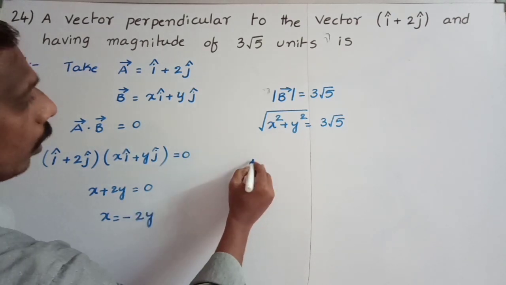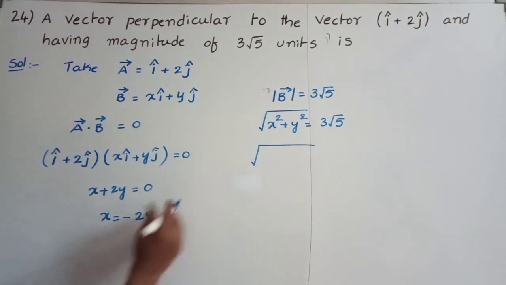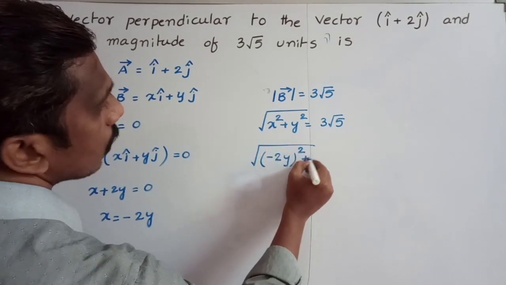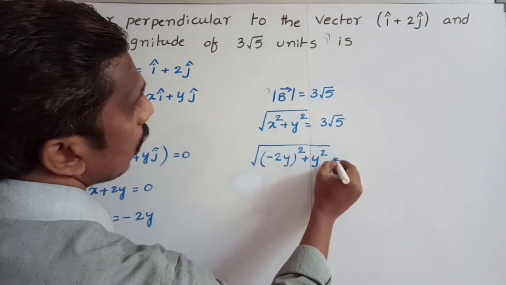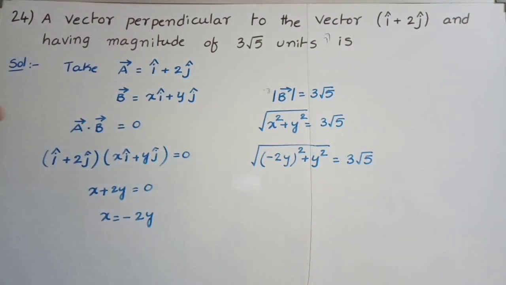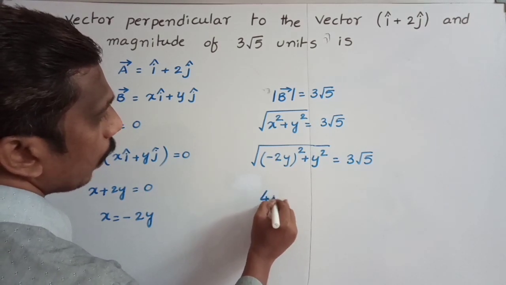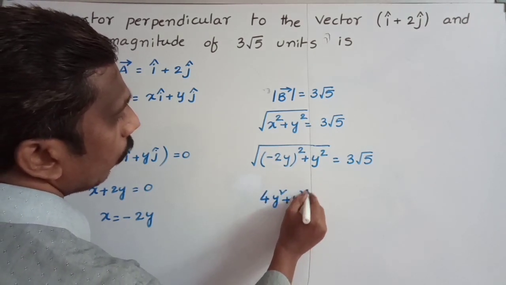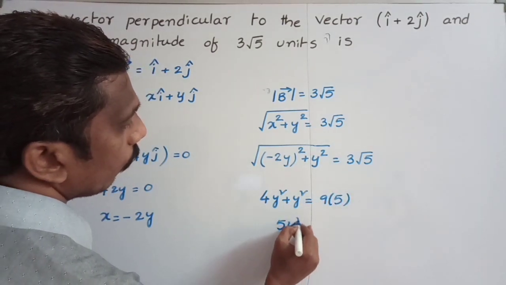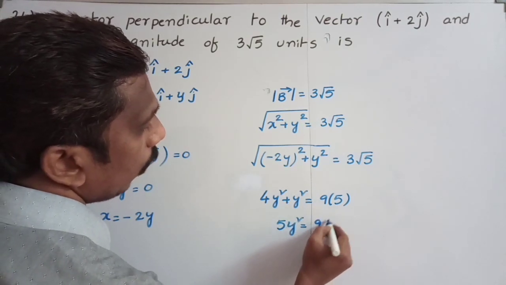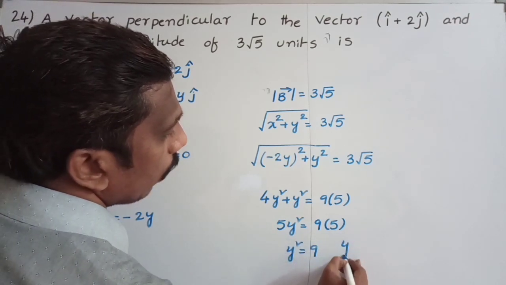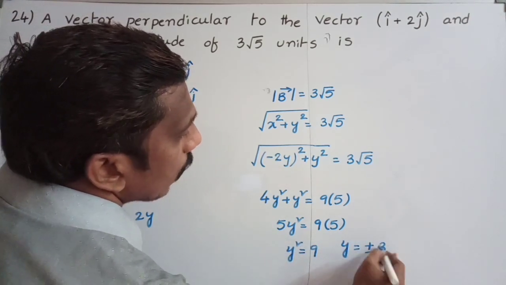Substitute here, then we get under root of x, that is minus 2y whole square, plus y square, is equal to 3 root 5. Squaring on both sides, we get 4y square plus y square is equal to 9 into 5, so 5y square is equal to 9 into 5, y square is equal to 9. From that we get y is equal to plus or minus 3.